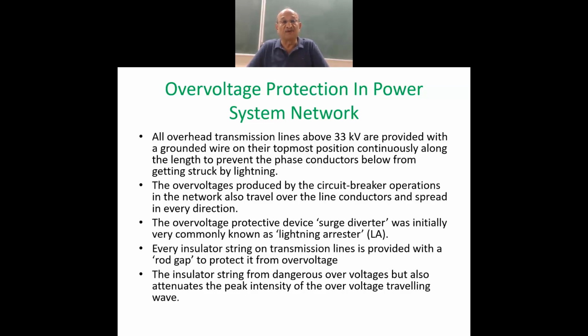The voltage which develops across the lightning arrestor is called the residual voltage. That is a rated voltage for every surge diverter or lightning arrestor. So only that magnitude of overvoltage is let travel further. The peak is grounded.